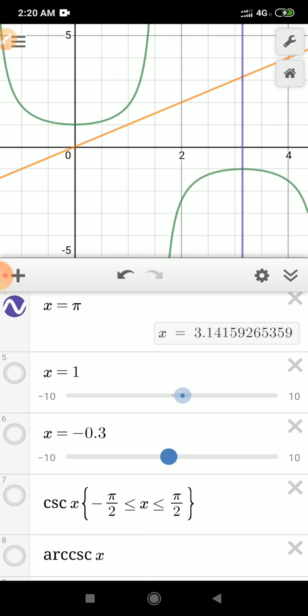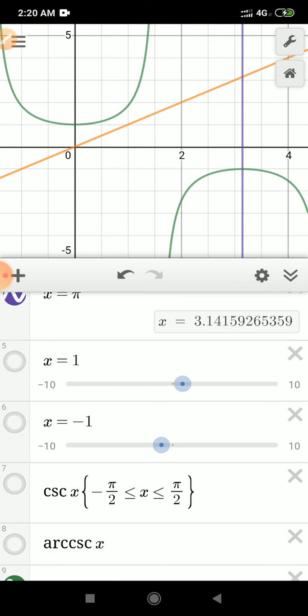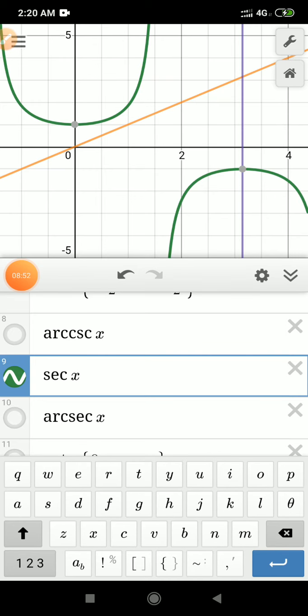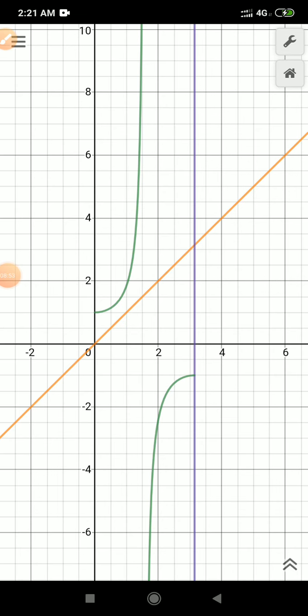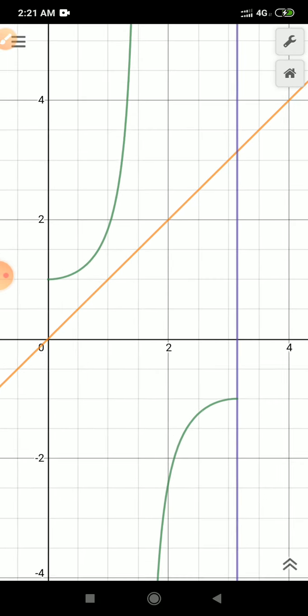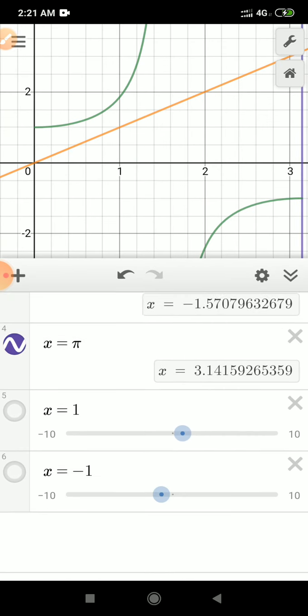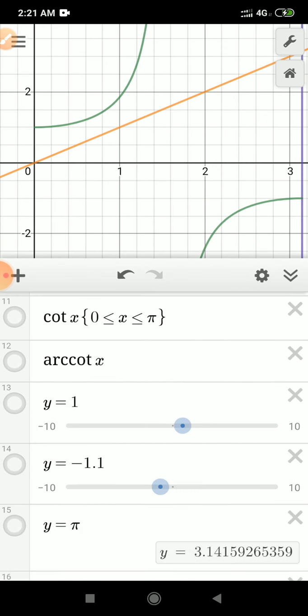So let me draw it for the function sec x within the domain 0 to pi. Clearly it is injective, and we choose the range to be the whole set of real numbers except minus 1 to 1, because within these lines again you see the function has no trace.